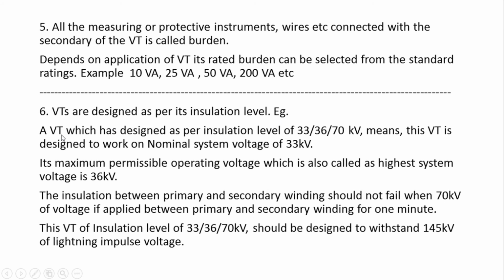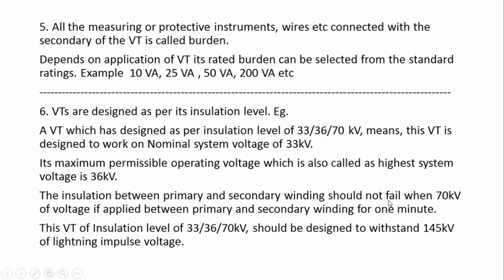VTs are designed as per their insulation level. Example, a VT which is designed as per insulation level of 33 by 36 by 70 kV means this VT is designed to work on nominal system voltage of 33 kV. Its maximum permissible operating voltage, which is also called high system voltage, is 36 kilovolt.